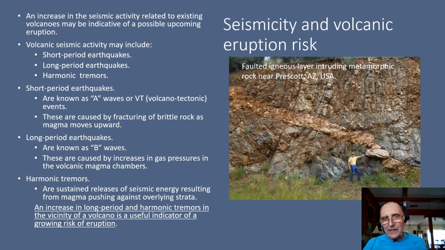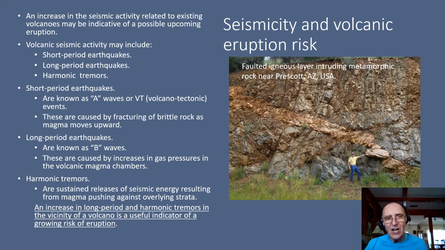One technique that we can use to try to predict an imminent eruption is by monitoring seismic activity in the vicinity of a volcanic cone. Volcanic seismic activity can include short period earthquakes, long period earthquakes, and harmonic tremors. Short period earthquakes are caused by the fracturing of brittle rock as the magma moves upward.